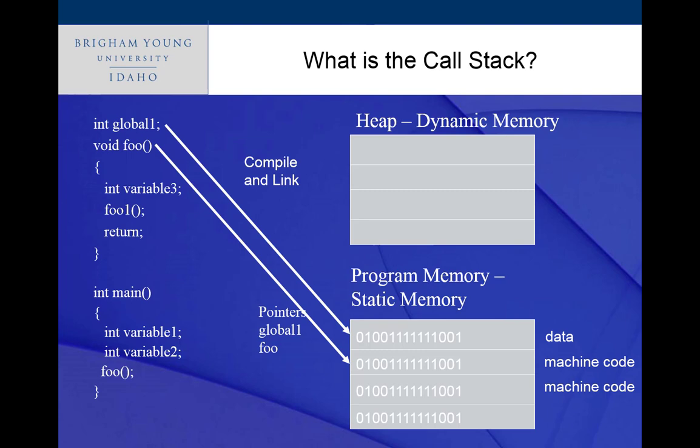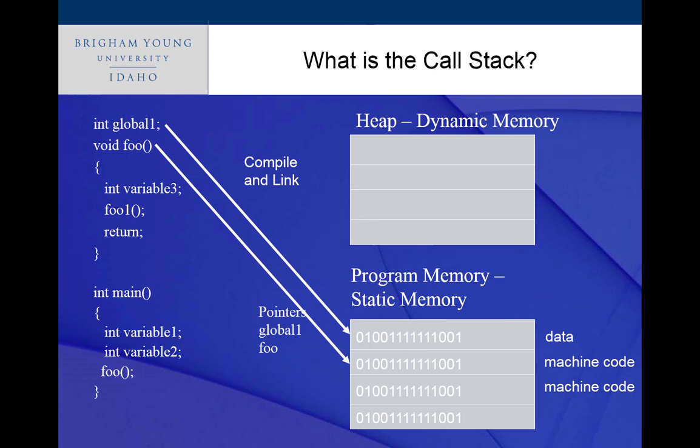So in this case, during the compile and link phase, in the static memory, a place is made for global 1, and global 1 becomes the label associated with that piece of data. Then as we compile the function foo into machine code, that machine code is placed also in static memory.